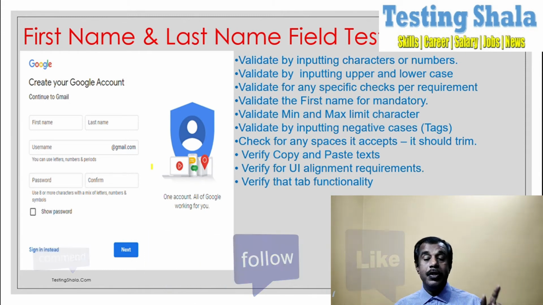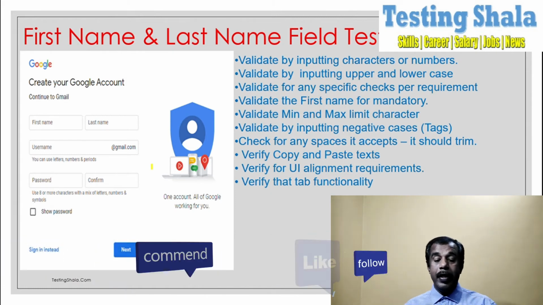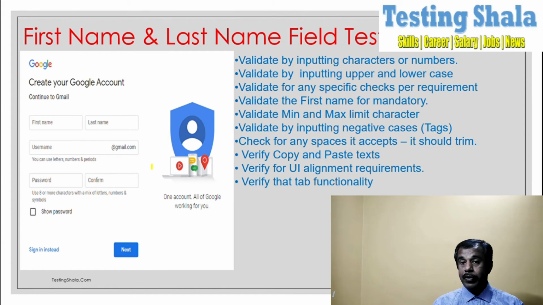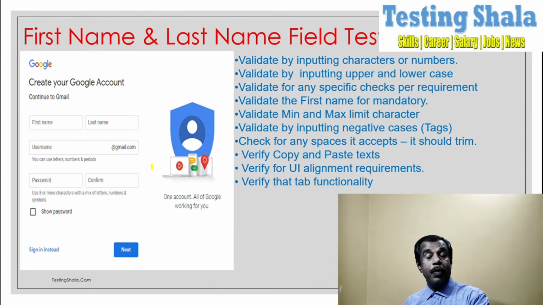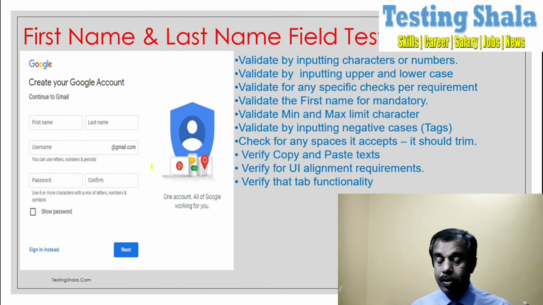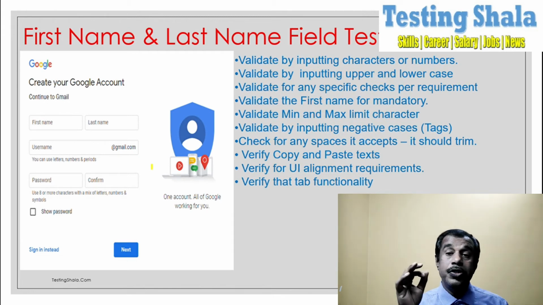Tab moves the cursor from first name to last name, and then to the next field, going in a sequence. Hence many people use the Tab key as well. So it is always good to test whether the order is going appropriately or not whenever I am clicking the Tab button. That kind of test case you should also validate.